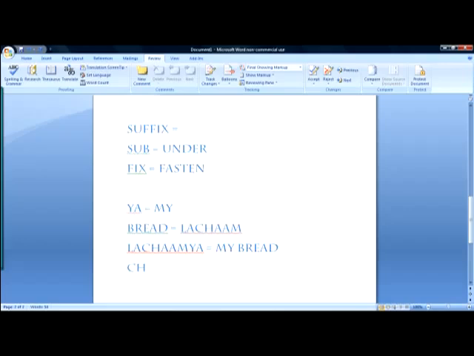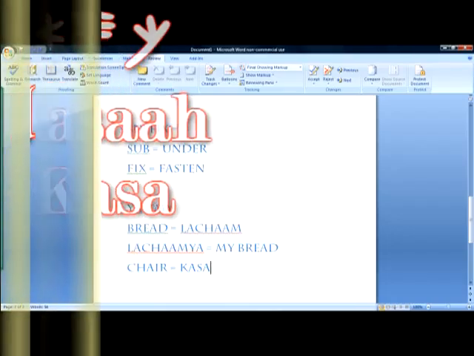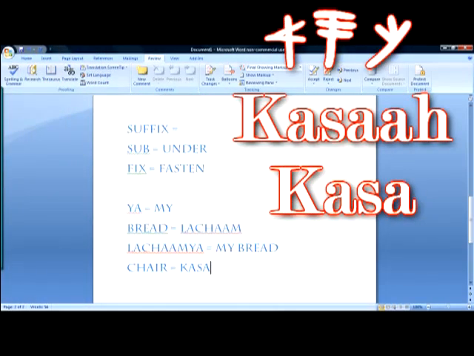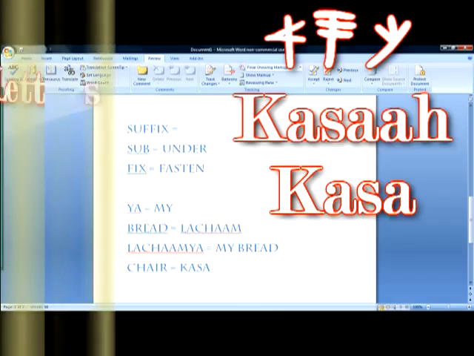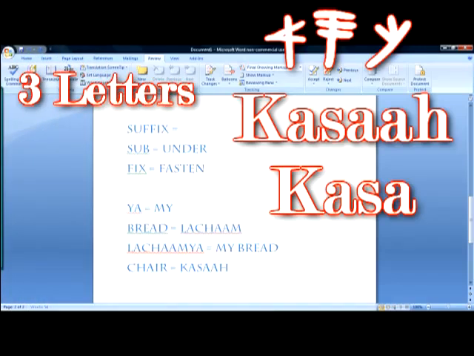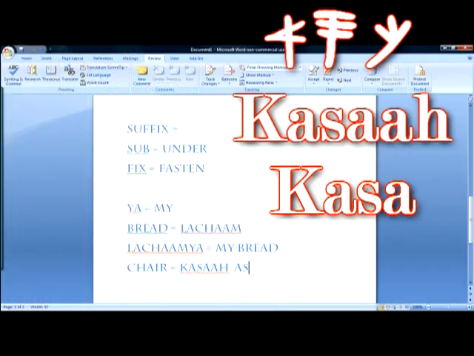I'll give you another example. The word for chair is kasa, but there's three words with this. There's three actual Hebrew words that you put together that make this word.